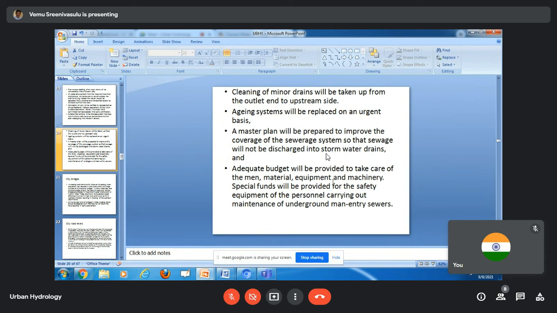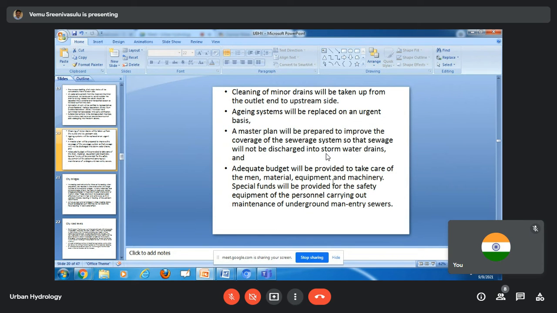So if you have a master plan well in advance, and approval is given based on it, there is minimum error. Otherwise, the drainage network, water supply network or storm network may get mixed up in some places, right?